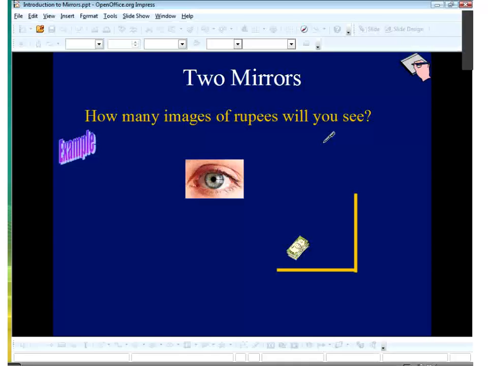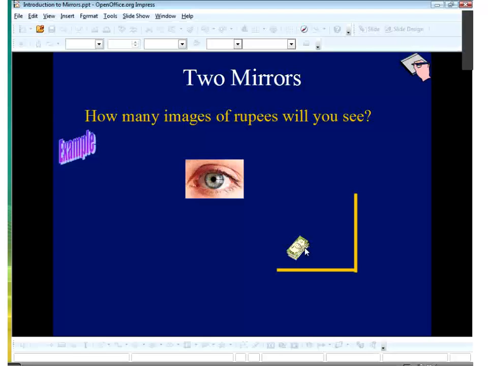Multiple mirrors. When we have multiple mirrors, then the image formed by one mirror can act as an object for the other mirror.